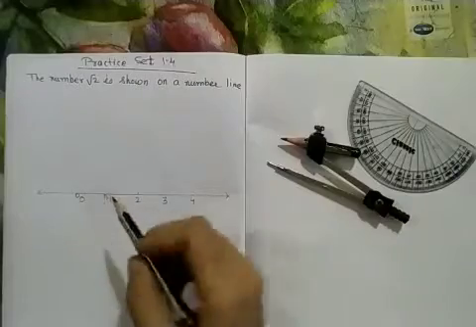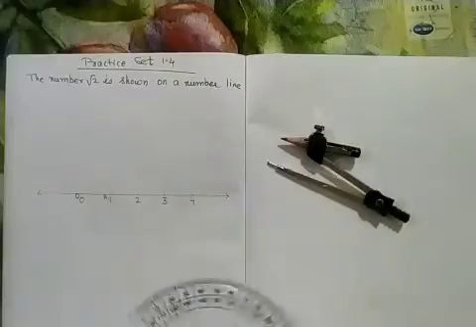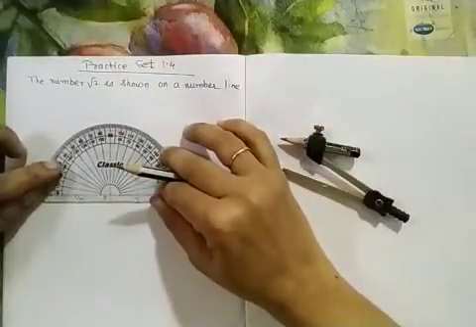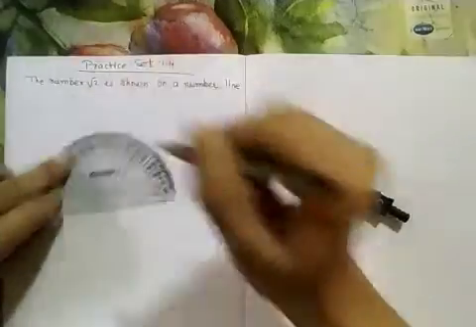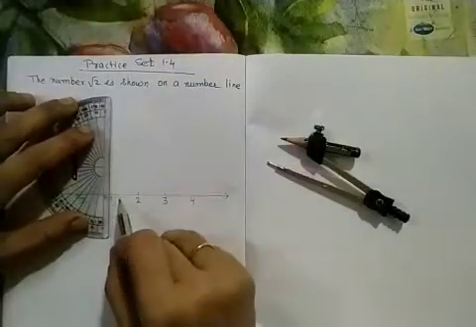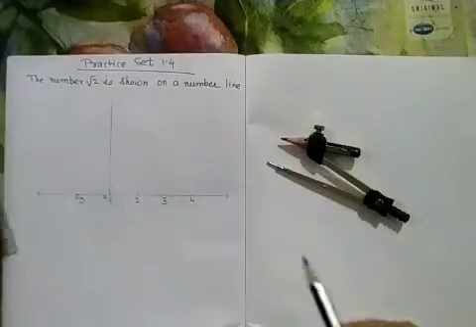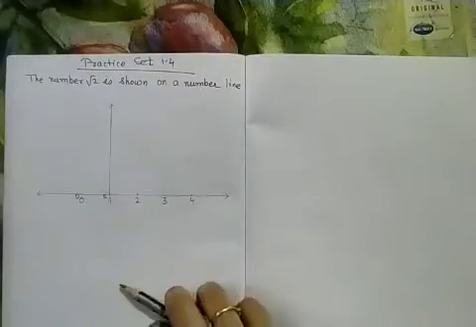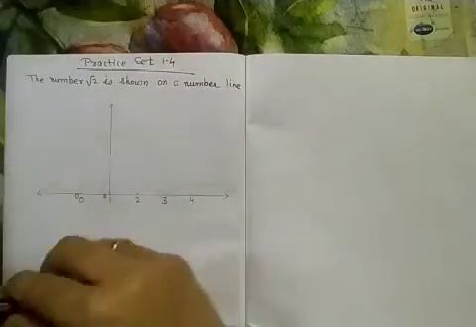Now you have to make a perpendicular from this point A. For this we will use our protractor. I will keep the protractor over here at point A and mark a 90-degree angle, like this, and I will join this point. In the next step I will take this distance, meaning distance OA, on a compass.